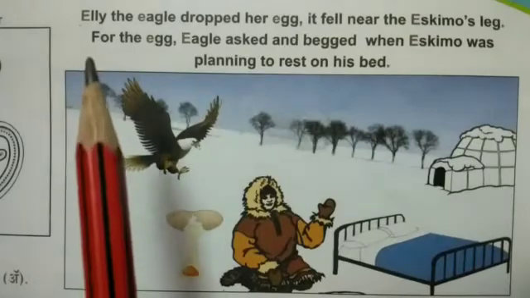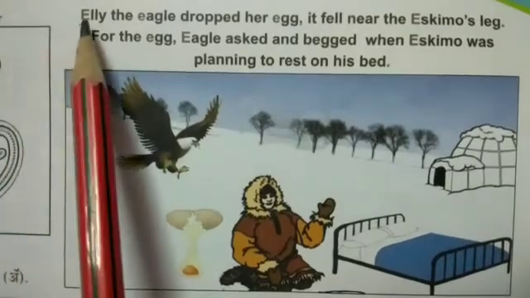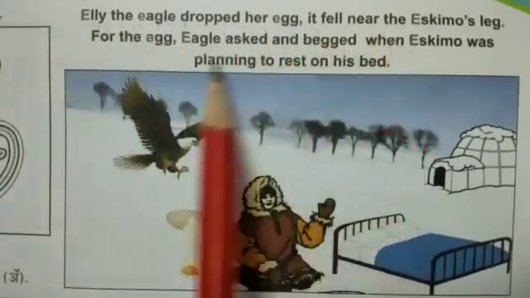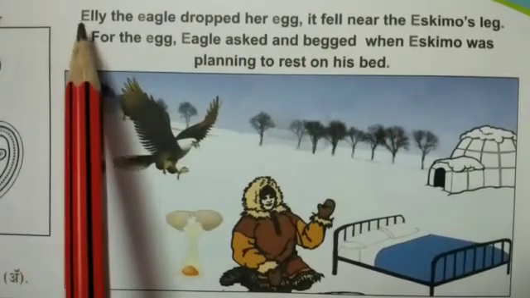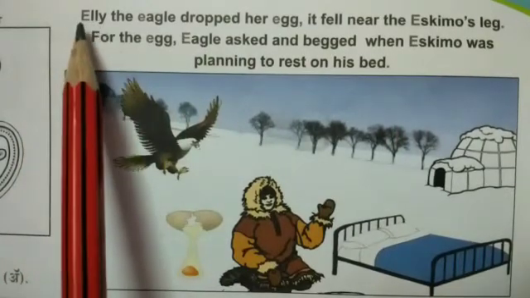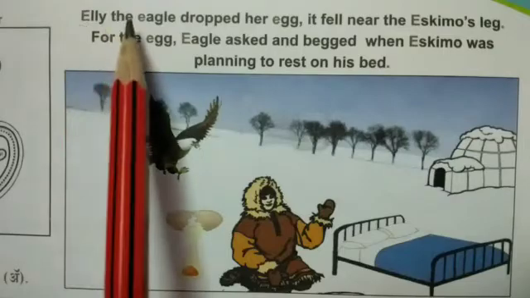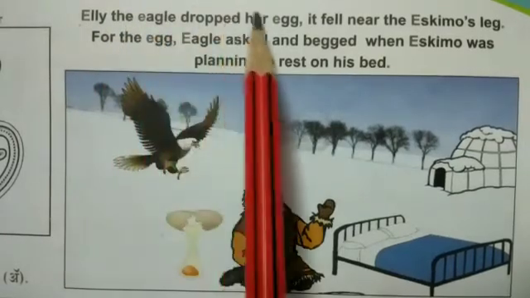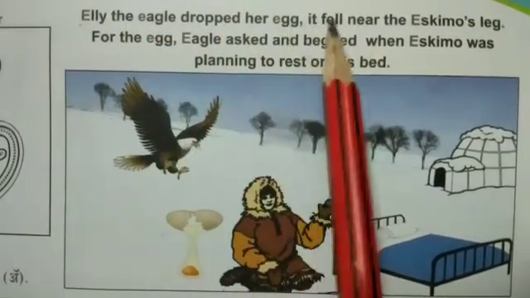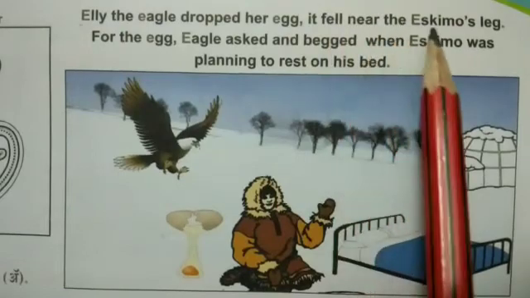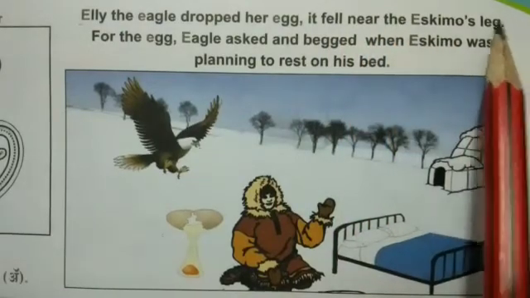Now we will identify the capital letter E from this sentence. Ely, in this word, the capital E is here. The eagle dropped her egg. It fell near the Eskimo's leg.